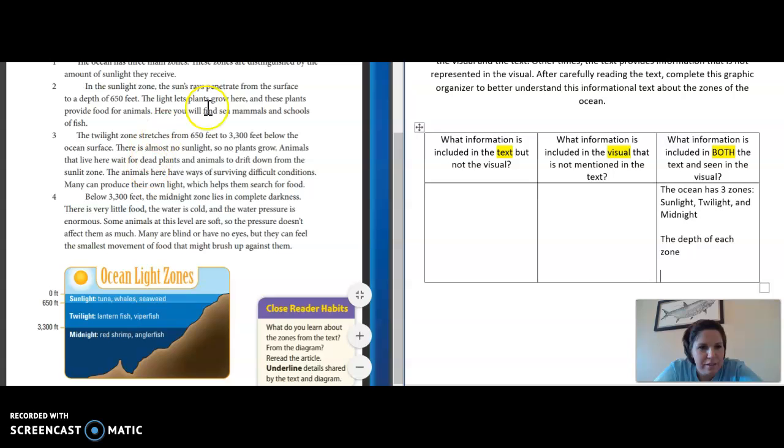And I didn't necessarily see that in the text. So the visual lists animal and plant life that can be found in each zone. Again, that was just in this visual.